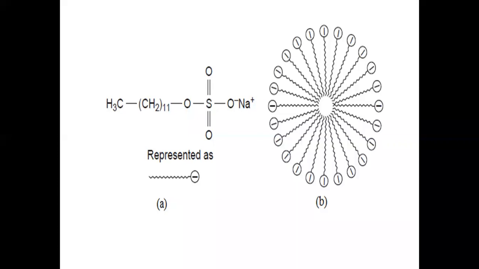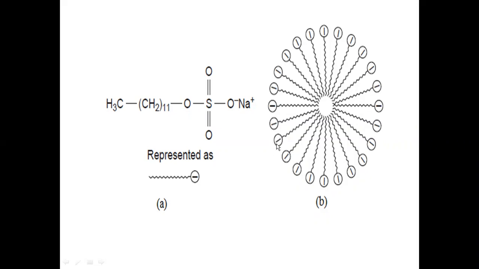When this surfactant molecule is added in excess, 40 to 100 molecules of this surfactant will agglomerate together to form a special state. It is called a micelle. The micelle will have this type of structure: a hydrophobic tail and a negatively charged head.